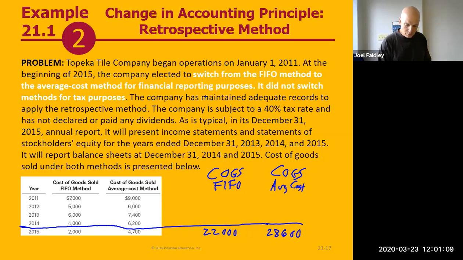So what am I doing? I'm going from FIFO to average cost. So by going from FIFO to average cost, my cost of goods sold is going up, isn't it? It's going up by $6,600. So if cost of goods sold is going up, what's going to happen? I don't have room to write on here. Cost of goods sold goes up, what goes down?